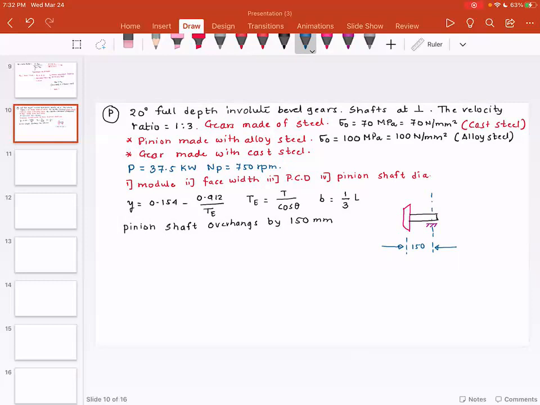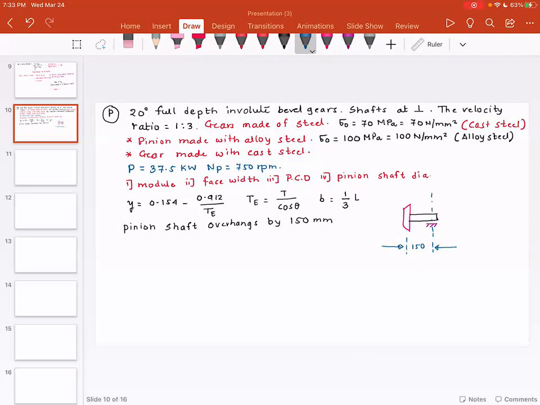Now what we need to do is, first and foremost, find out the module, the face width, pitch circle diameter, and once all these are determined, we can look at the forces on the gear shaft and then find out the shaft diameter.